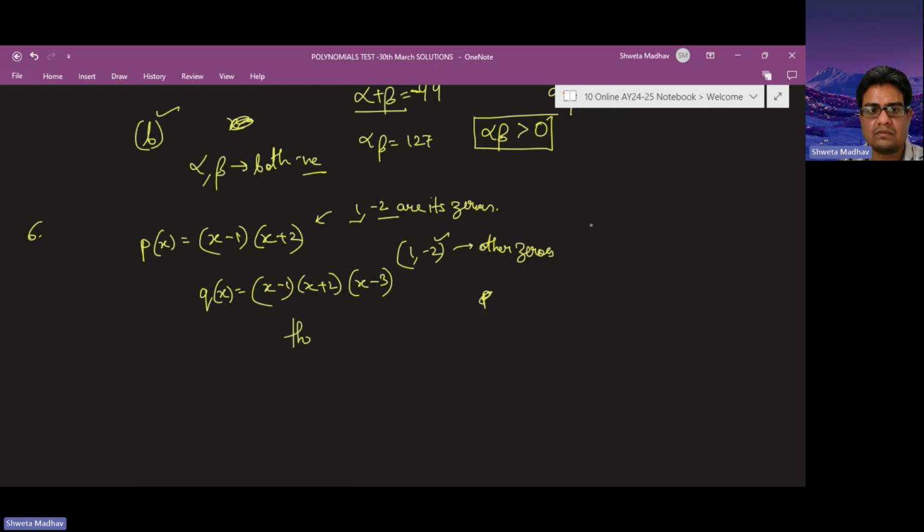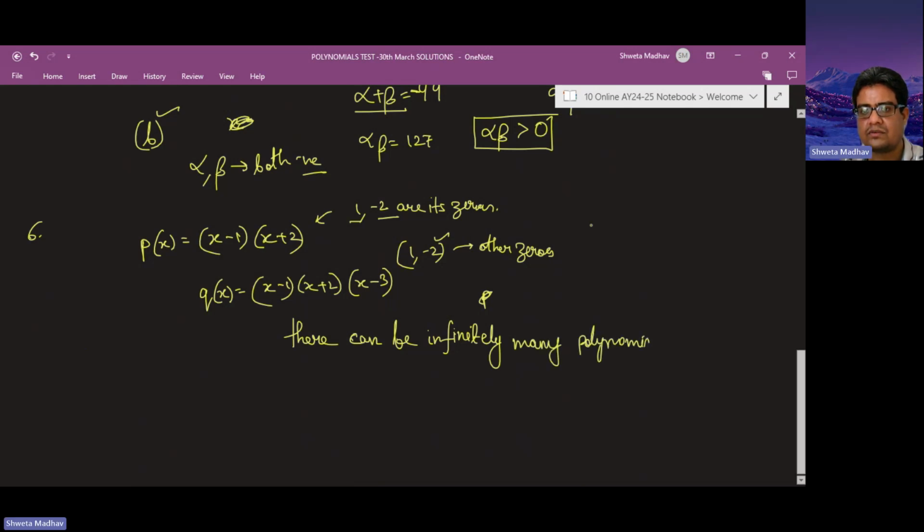So there can be infinitely many polynomials which will have 1 and minus 2 as its zeros.